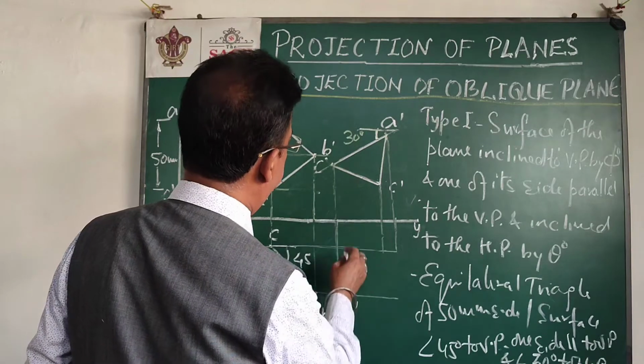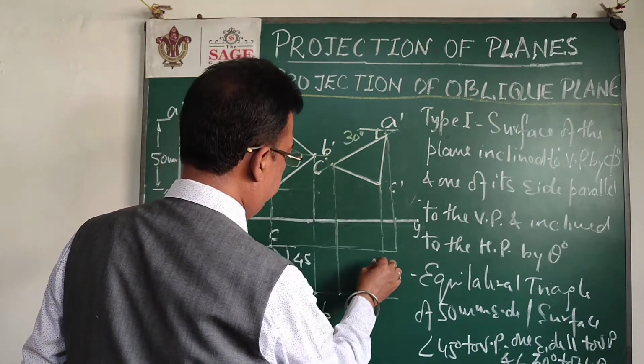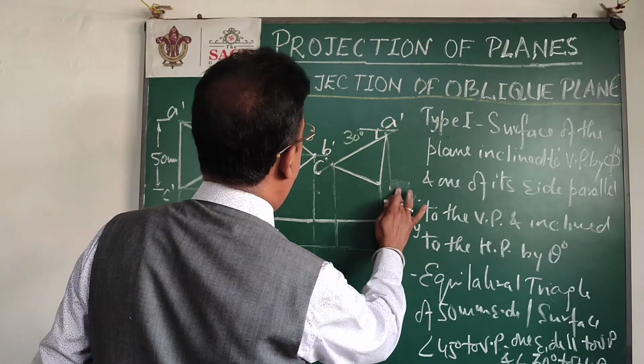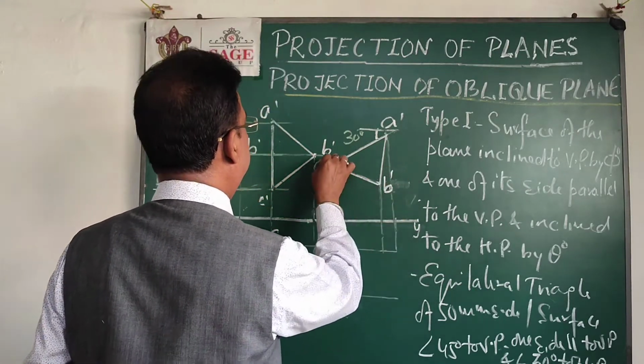oh sorry, actually the point is C dash, not B dash, and this point will be our B dash.